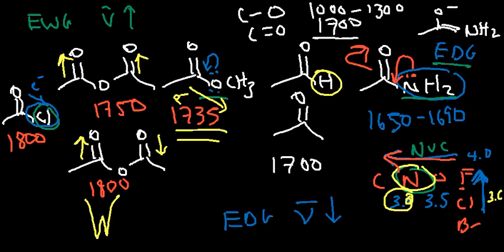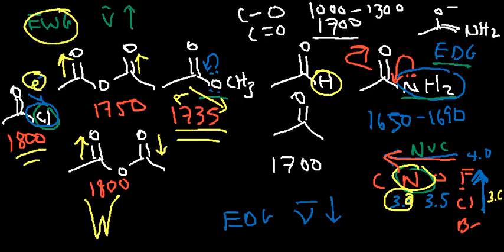So it can still pull electron density away, but it doesn't donate electron density as well as nitrogen does. So it's a very powerful electron withdrawing group because it lacks that electron donating effect of a good nucleophile. So that's why we can see the signal is very high.